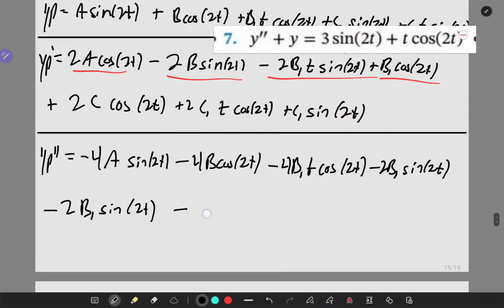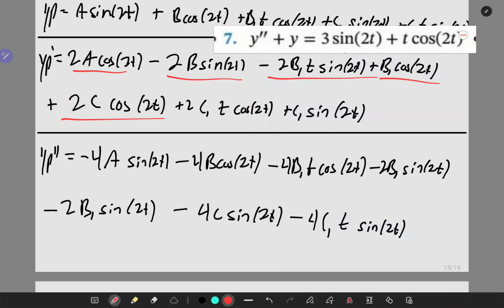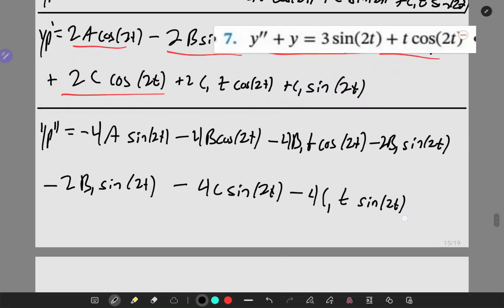Minus 4c sine of 2t. This one's done. Minus 4c1 t sine of 2t. This one is not done yet.